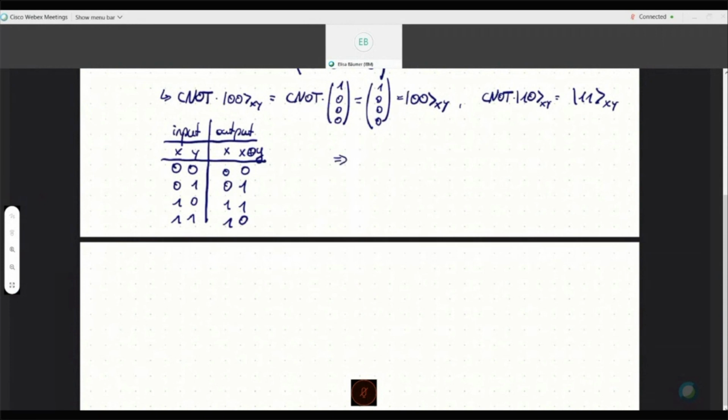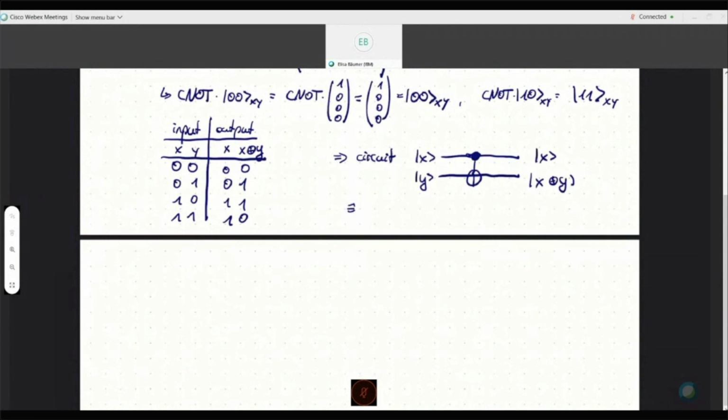So if we write it as a circuit, we can write our state X and the state Y. And then the way we usually write it is this way. And the output will be X and X plus Y. So what it does is it computes the XOR gate, but it is also reversible because we also get the X back.